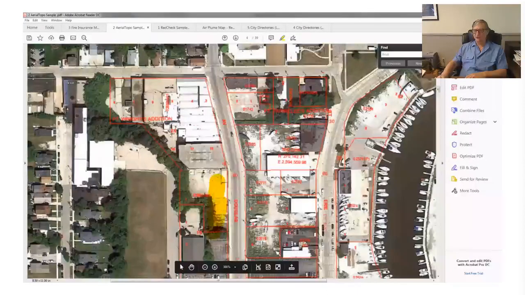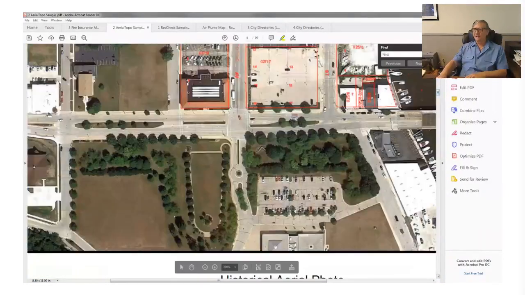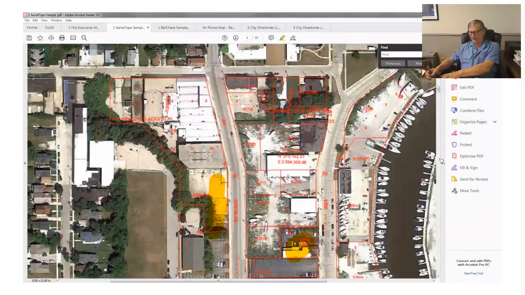We've got no boat storage here now. We don't know what this is yet, but I'm sure the city directories are going to tell us what this is. This is 2011. So we're getting a time frame stamp of how long our site's been a boat place. And so far we should write that down, 2011 to current.